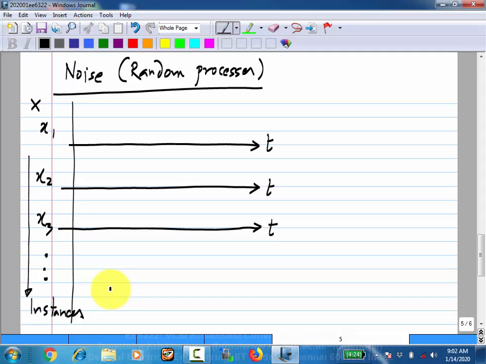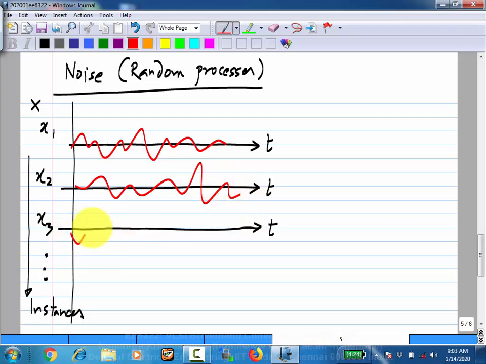Now this is in contrast with, let's say, a deterministic process. I mean, as a sort of crude example, I'll take a battery. If you take many batteries, they'll all have the same voltage, right, as a function of time. I'm not including noise here, obviously. But if you take resistor noise, for instance, one of them may be something like this, the other one may be something different.